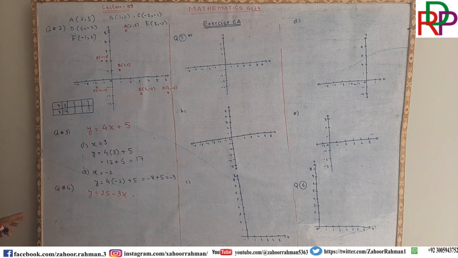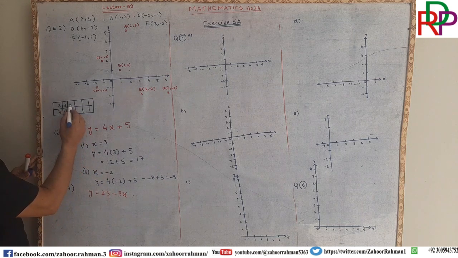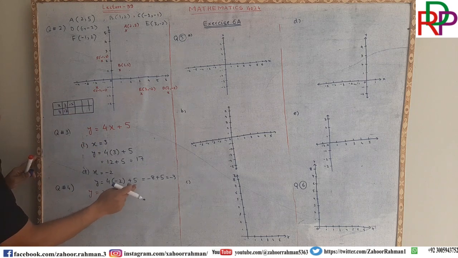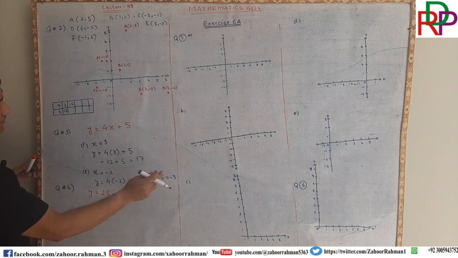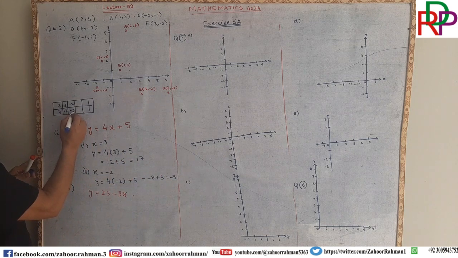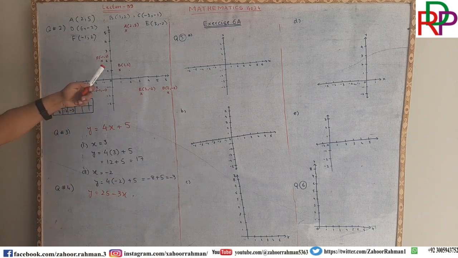So 3 and 17 are the two coordinates of this equation for drawing a graph. And when x is equal to minus 2, then you found the value will be minus 3. And you know how to portray these 2 points. You learned these in the previous example.